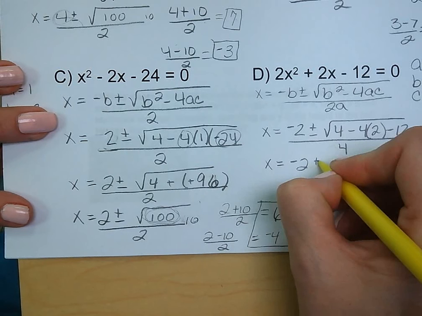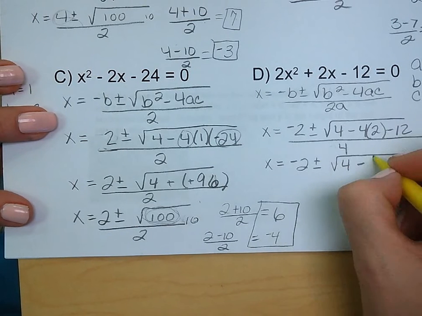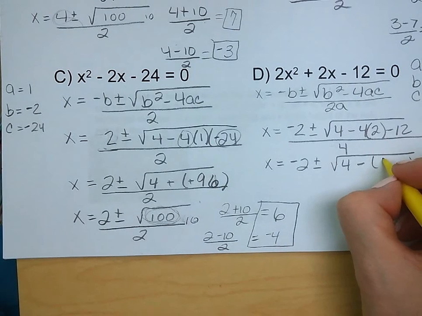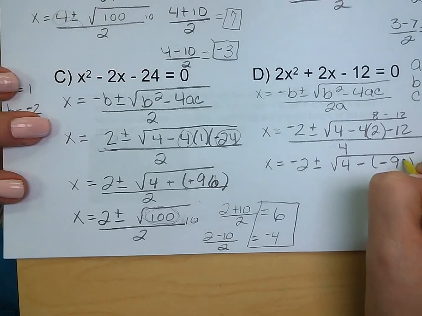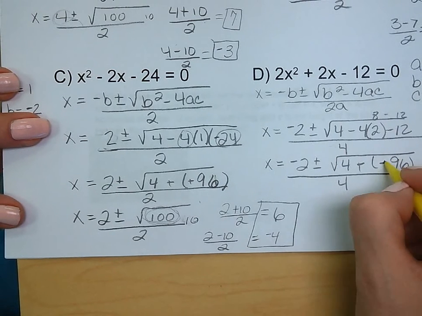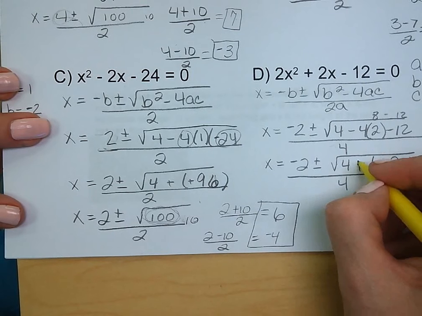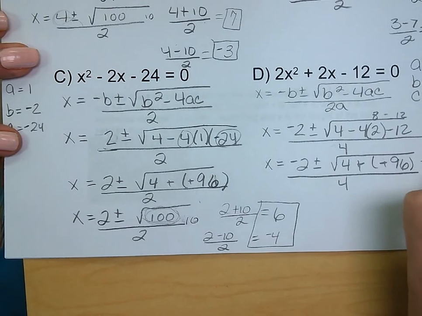So we've got the negative 2 plus or minus the square root of 4 minus negative 96, 4 times 2 is 96, all over 4. So again, now we have negative 2 plus or minus the square root of 100.